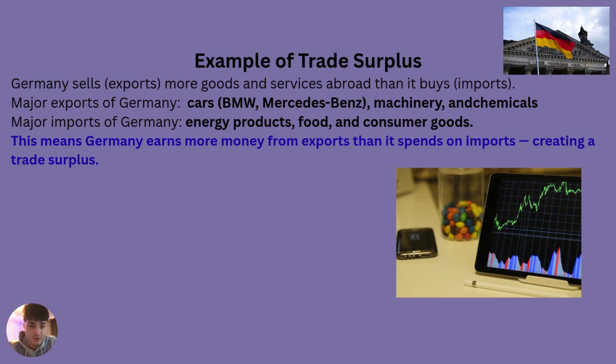This means that Germany earns more money from exports than it spends on imports, creating a trade surplus. So they actually gain money from selling their own products instead of just buying and buying and not selling as much, like how the United States does at the moment. So they end up profiting off of what they sell, but we end up just losing money, and that's the difference.